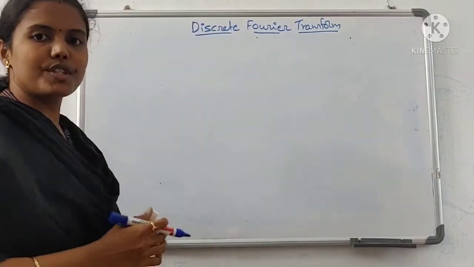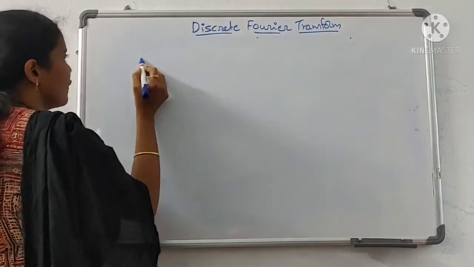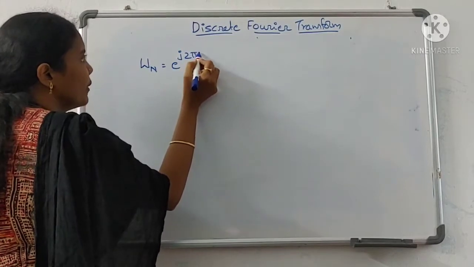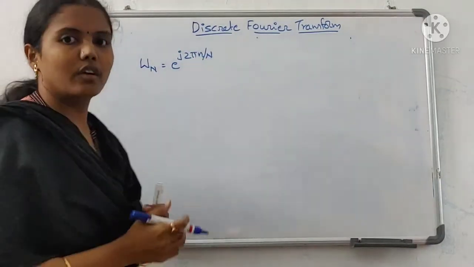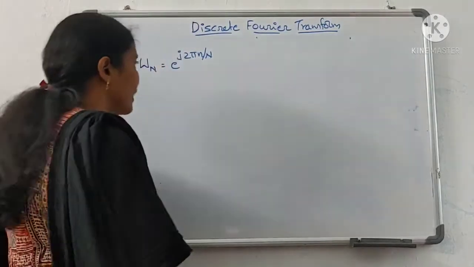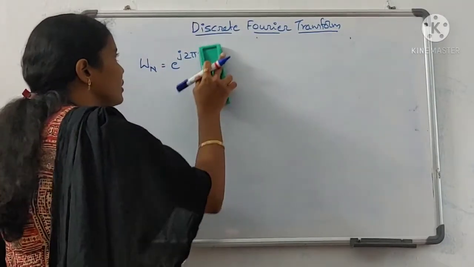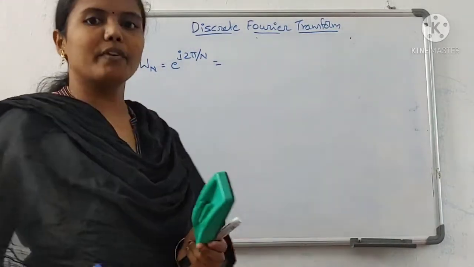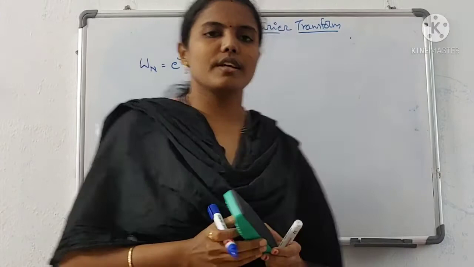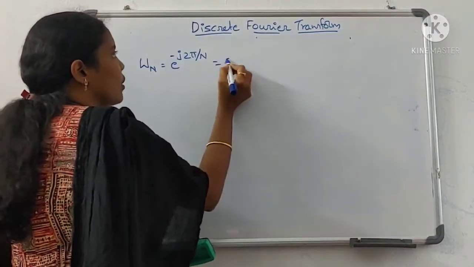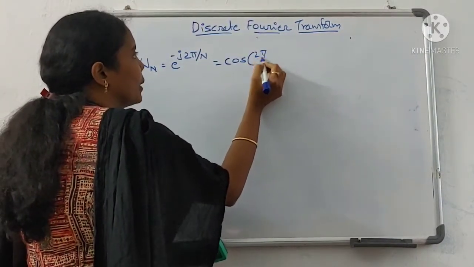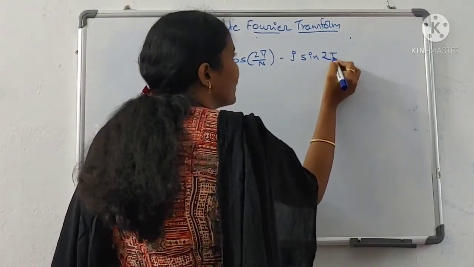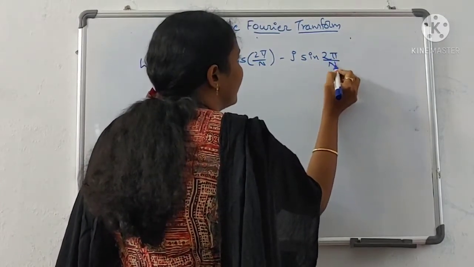The formula for the Twiddle Factor is W N is equal to e power minus j 2 pi by N. Writing it as 2 pi by N, e power minus j 2 pi by N is equal to cos 2 pi by N minus j sin 2 pi by N.